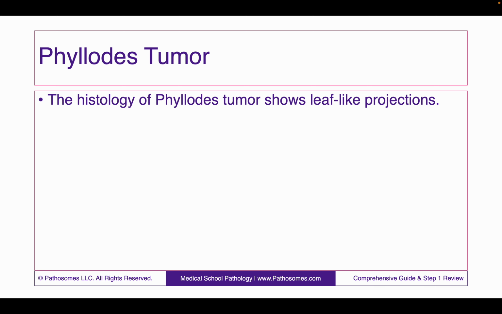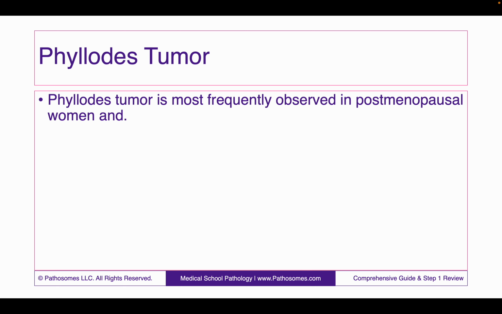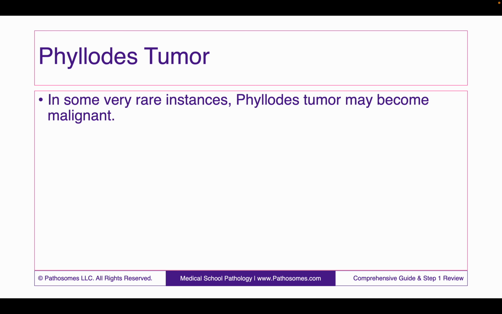Leaf-like projections. From a breast biopsy, think phylloides tumor. Phylloides tumor is most frequently observed in post-menopausal women. And in some very rare instances, phylloides tumor may become malignant.